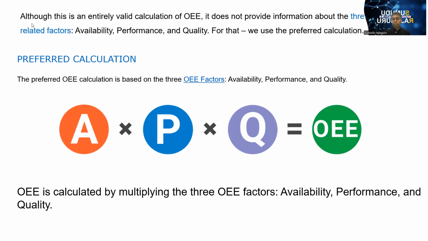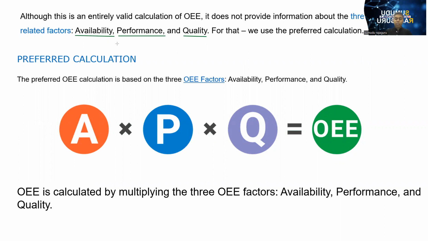When we talk about TPM, there are 3 loss-related factors. What are they? Availability, that means machine availability, then machine performance, then the quality of the product.